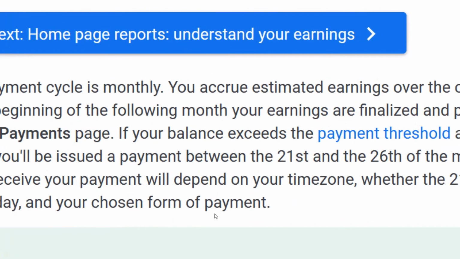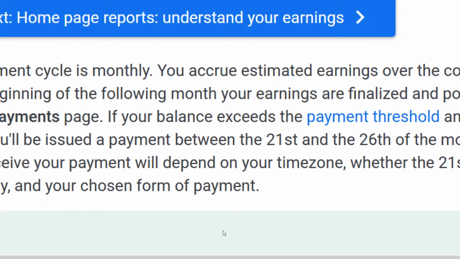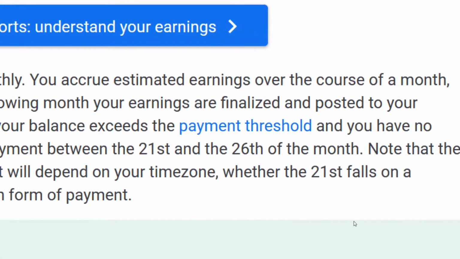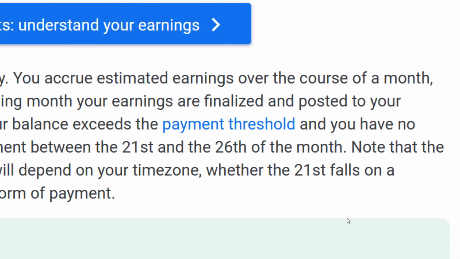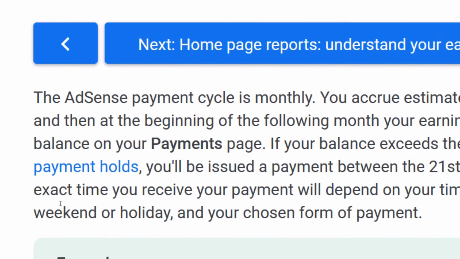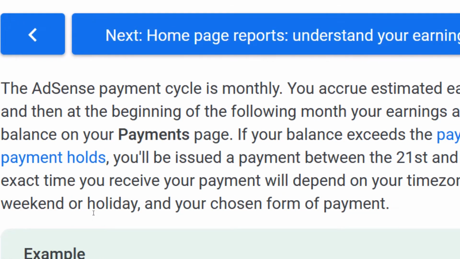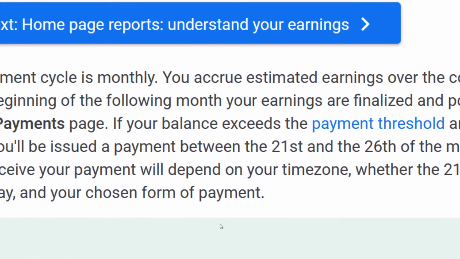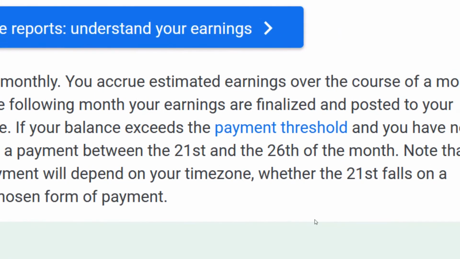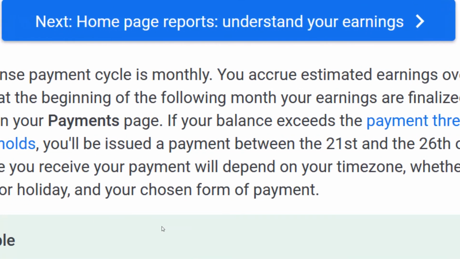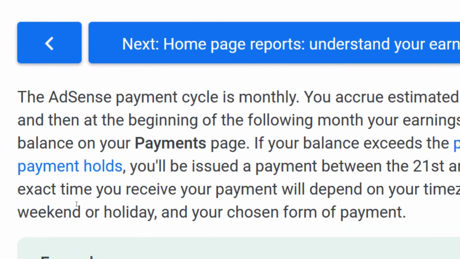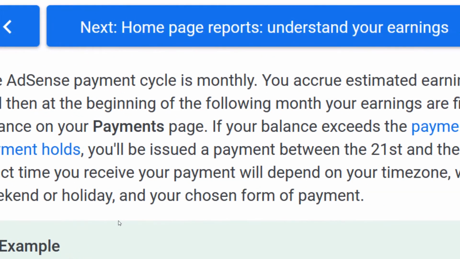So you accrue estimated earnings over the course of the month, as I explained, and then at the beginning of the following month, your earnings are finalized and posted to your balance on your payments page.